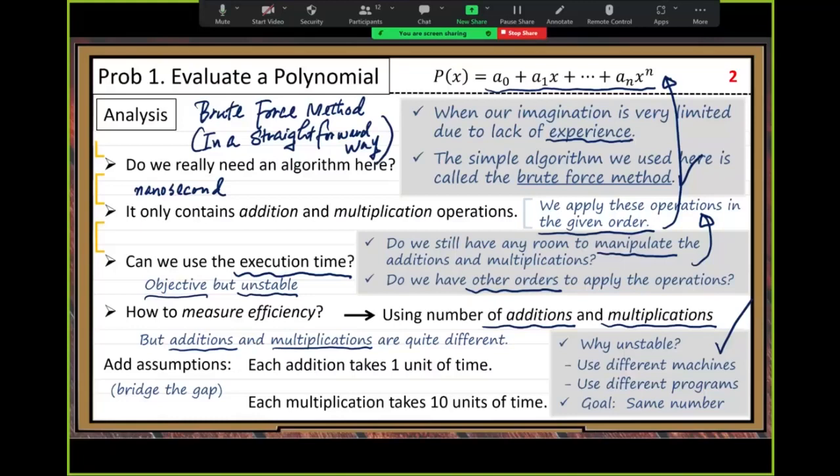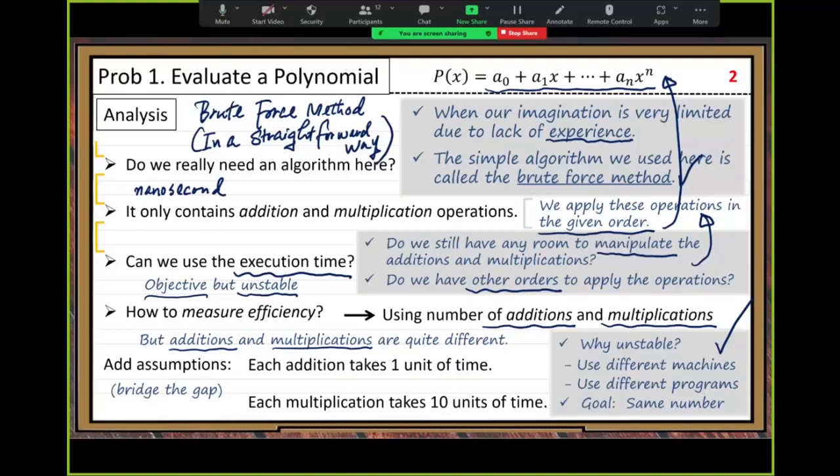Here, this 10 to 1 ratio may not be very accurate, but approximately close to that ratio. So we just make this assumption in our discussion for convenience. 10 to 1 ratio. One multiplication approximately equals the time used for 10 additions.